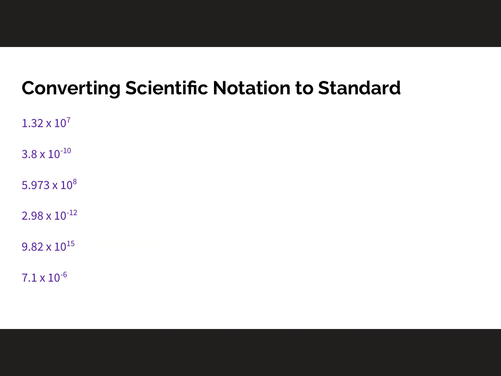So now let's look at how we convert scientific notation to standard. 1.32 times 10 to the 7th is 132. And then my decimal point is starting off here. I'm going to move it right 7 times. So 1, 2, 3, 4, 5, 6, 7. And this is where my decimal point ends up. The issue is some of these don't have anything above them.